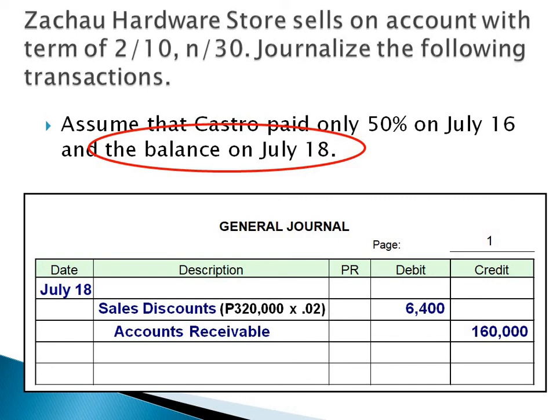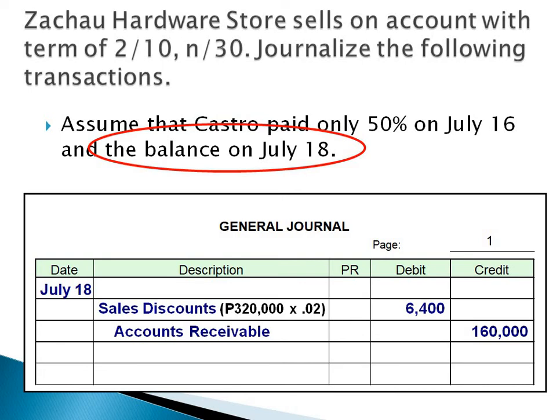Now, you may want to clarify. What if Castro completed payment in full beyond the discount period of 10 days? Let's say the final payment in full was made not on July 18 but on July 25, which is more than 10 days already from the date of purchase or date of sale.